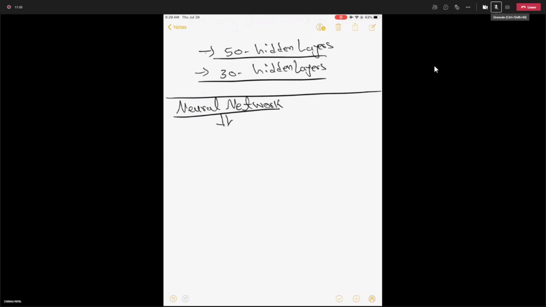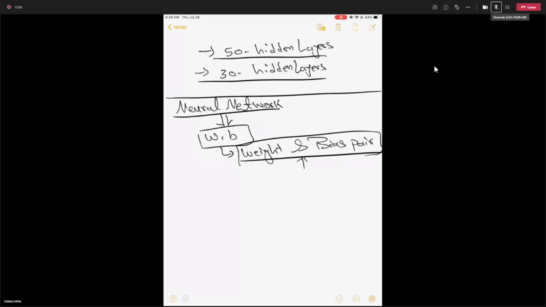Right now, in complete neural network theory, you're just solving a problem: you're finding the best pair of W and B, the weight and bias pair. This is our objective. Whatever you are thinking, when you use a neural network and train it, you are just finding your weight and your bias, nothing else.